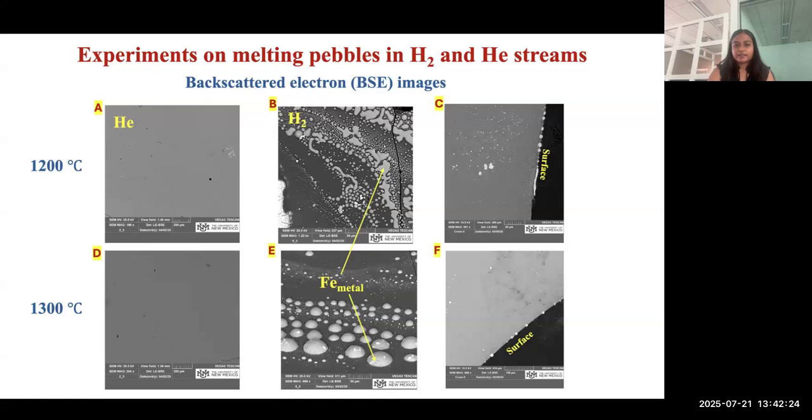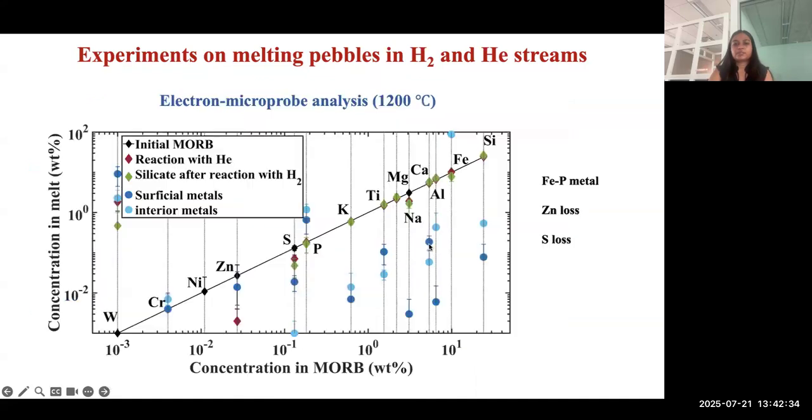Now, I want to know the composition of different melts, initial MORB and different melts, and the composition of these metals that formed. So I have conducted electron microprobe analysis for all the samples here. I'm showing just one. In the y-axis, I have concentration in melt in weight percent, and in the x-axis, I have concentration in MORB in weight percent.